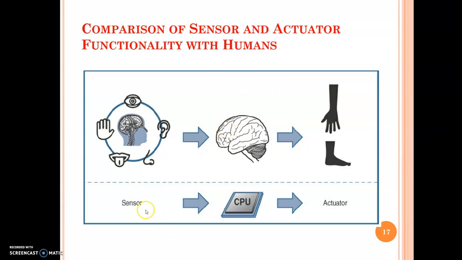Likewise, IoT sensors are devices that sense and measure the physical world and signal their measurement as an electrical signal to some type of processor or controller for additional processing. Now the human brain signals the motor function and movement, and the nervous system carries that information to the appropriate part of the muscular system, for example maybe a hand or our feet.